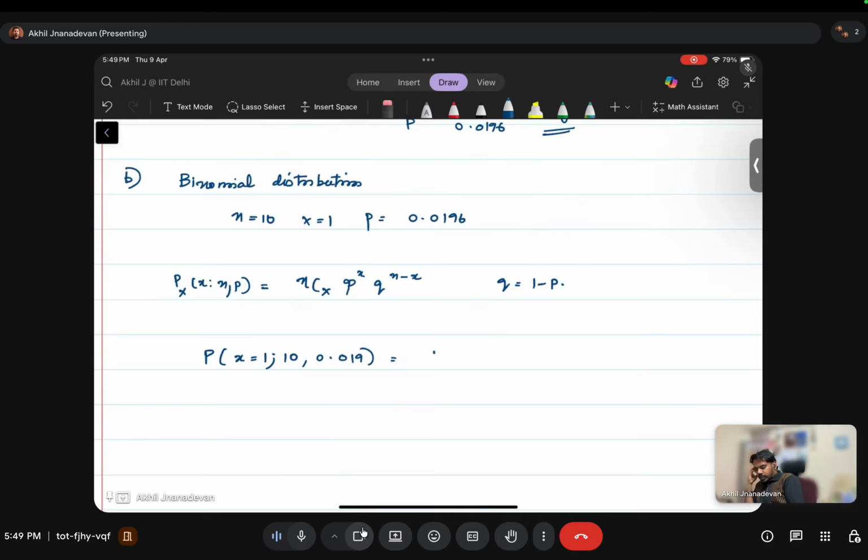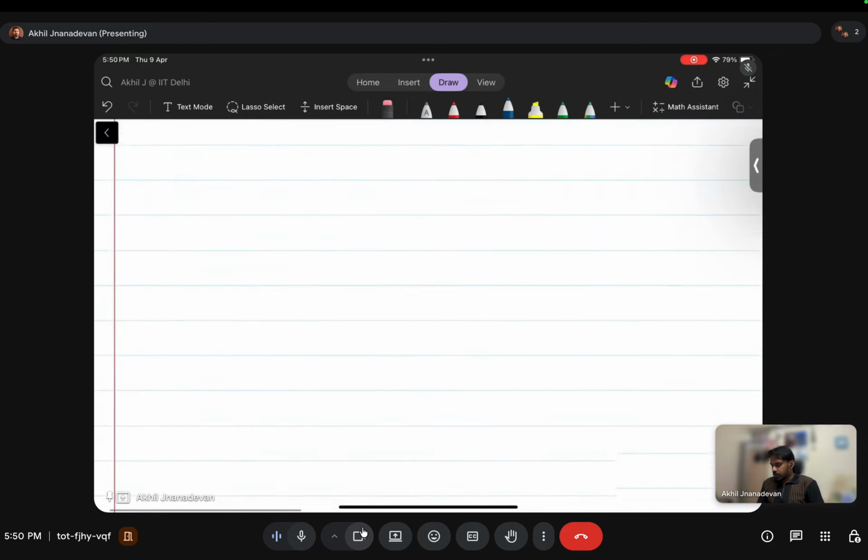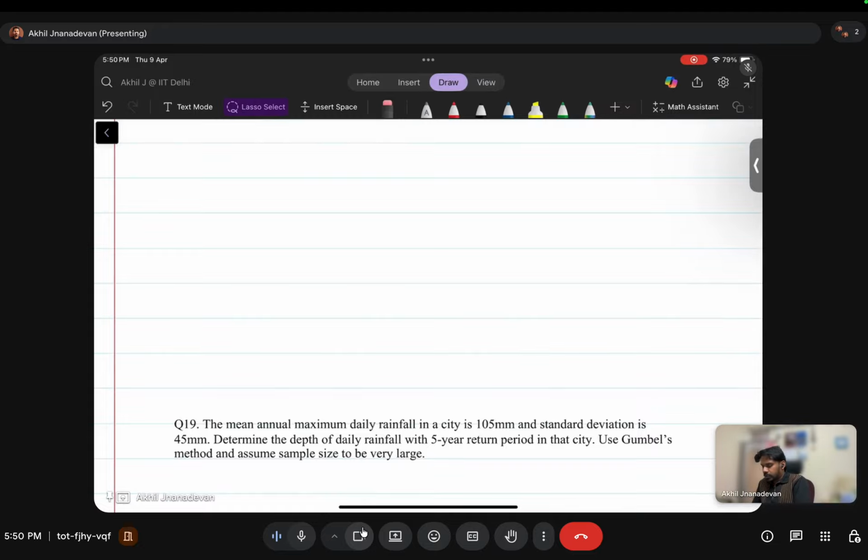That is 10C1 times 0.0196 raised to 1, times 1 minus 0.0196 raised to 9. When you solve, it will come around 0.163. This is the probability of the same return period flood occurring once in the next 10 years. Okay, so we can move on to the 19th question.